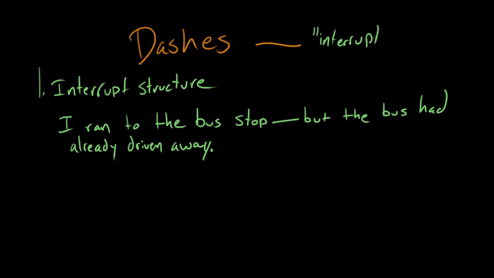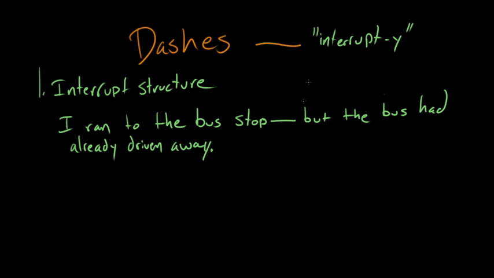Right, so a comma sort of helps the sentence keep flowing, and the dash kind of stops it for a second. And even though grammatically those two sentences are identical, right? I ran to the bus stop, comma, but the bus had already driven away. That technically means the exact same thing as I ran to the bus stop, dash, but the bus had already driven away.